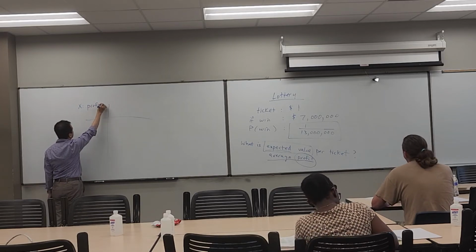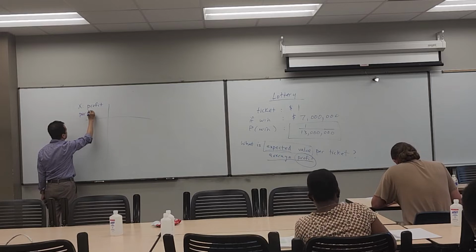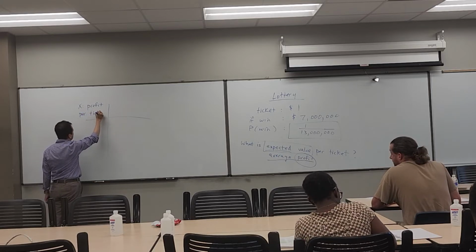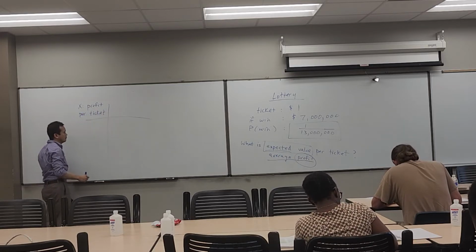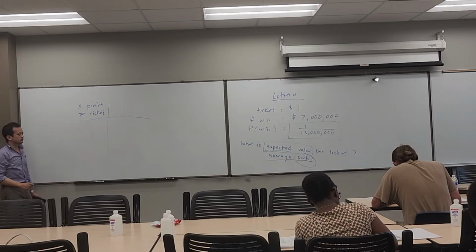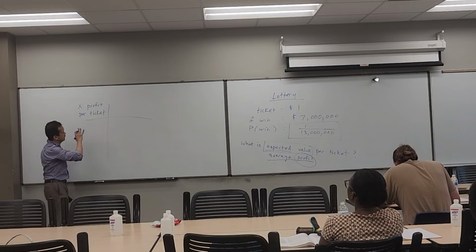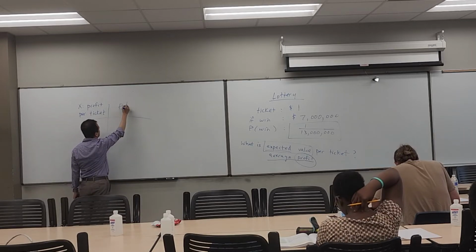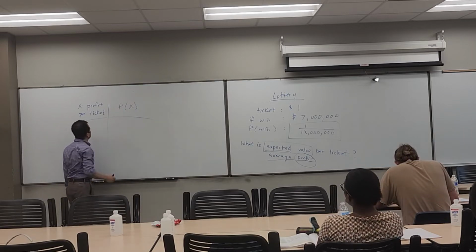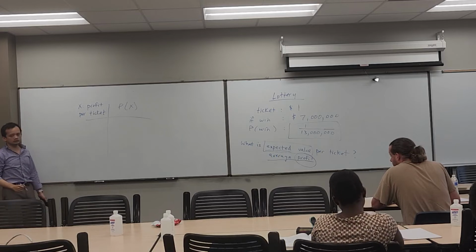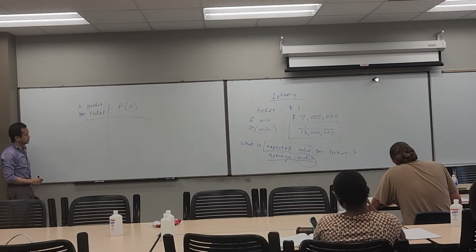So the profit per ticket in one column, and then in the other column, it'll be the probability that that variable takes on all of its possible values.